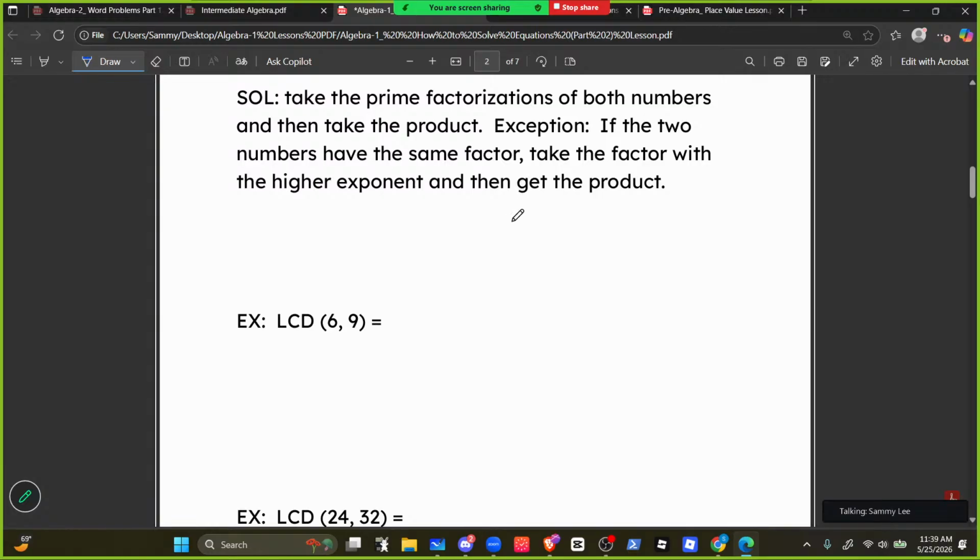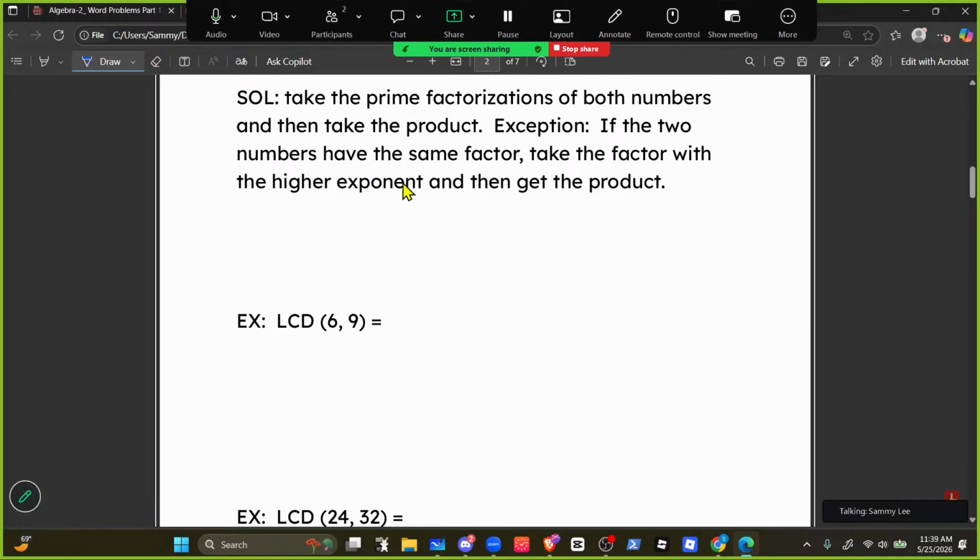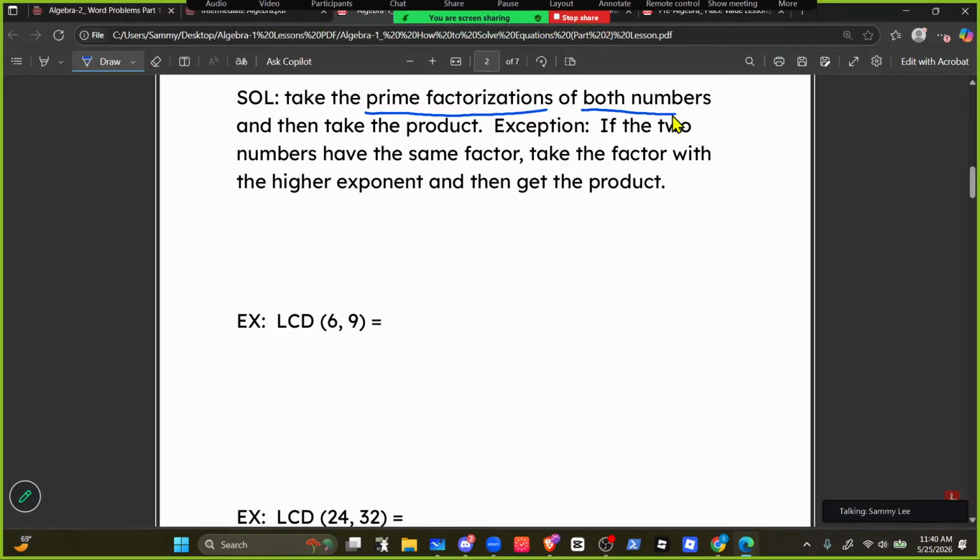Okay, so to find the LCD, what you're going to do is take the prime factorizations of both numbers. By the way, this also works for more than 2 numbers. So it could be 3 or 4 or 5 numbers. But given 2 numbers, you take the prime factorization of both numbers, and then you're going to take the product of the 2.